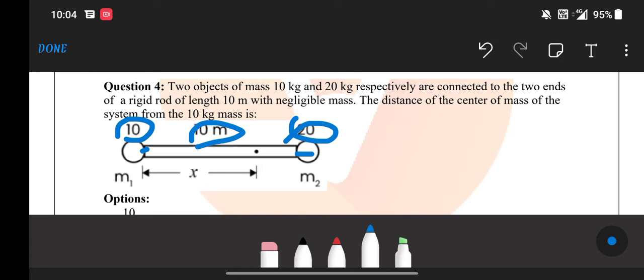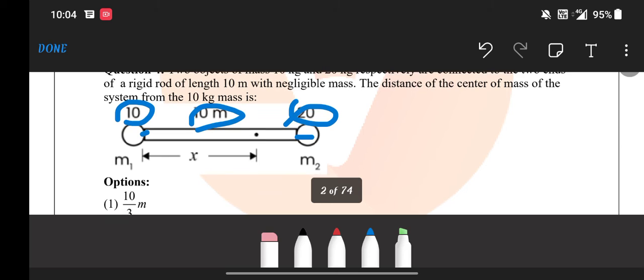The rod has negligible mass, so we don't need it. Then the distance of the center of mass of the system from the 10 kg mass is what we have to find, from here to here, this x.